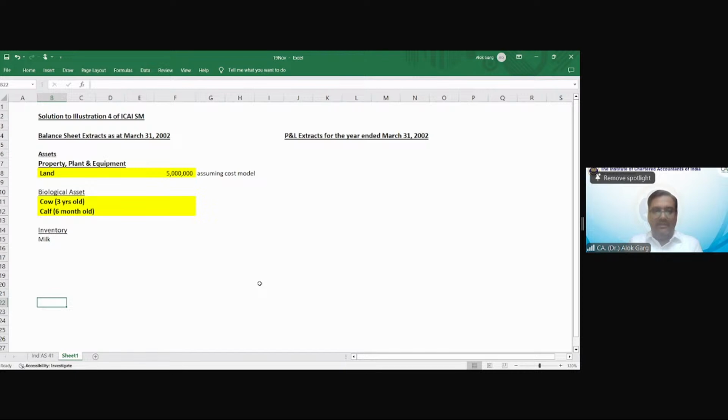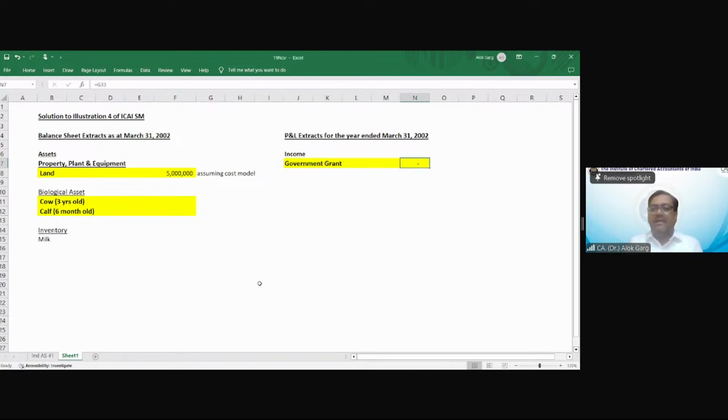Okay. In the P&L, there was some income and expenses also given. Which income was in the P&L? You remember, there was a government grant of 10 lakh rupees, which was non-refundable. It was given in the question, right?